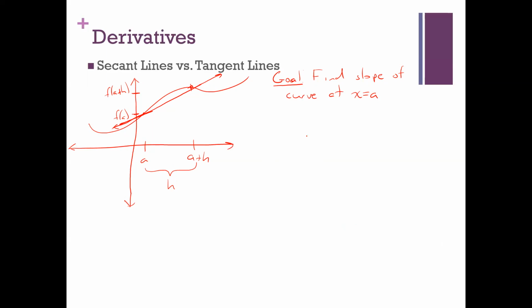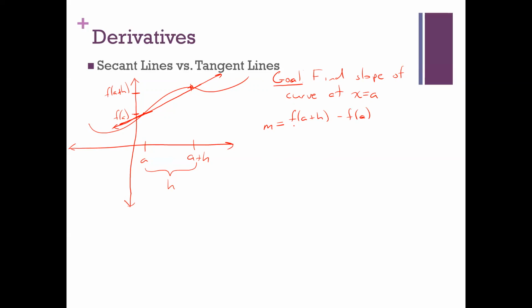So if I draw that secant line, I can definitely find that slope. How would I find the slope on that secant line? Okay, what are those top and bottom coordinates? Okay, so f of a plus h minus f of a.